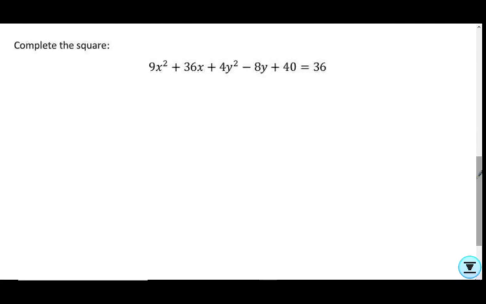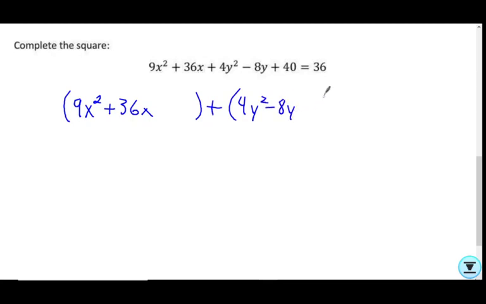Okay, so here we go. We're going to complete the square. It's just like if you complete the square on a parabola. The difference is that we're going to have to do it twice, one for the x terms and one for the y terms. So just like with the parabola, step 1 is to group your terms. In this problem, we're first going to group our x's: 9x squared plus 36x, plus, and we group our y terms: 4y squared minus 8y.